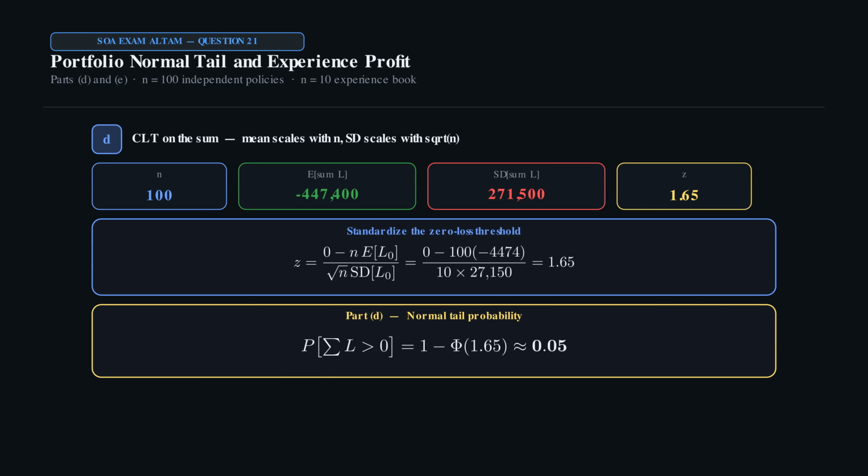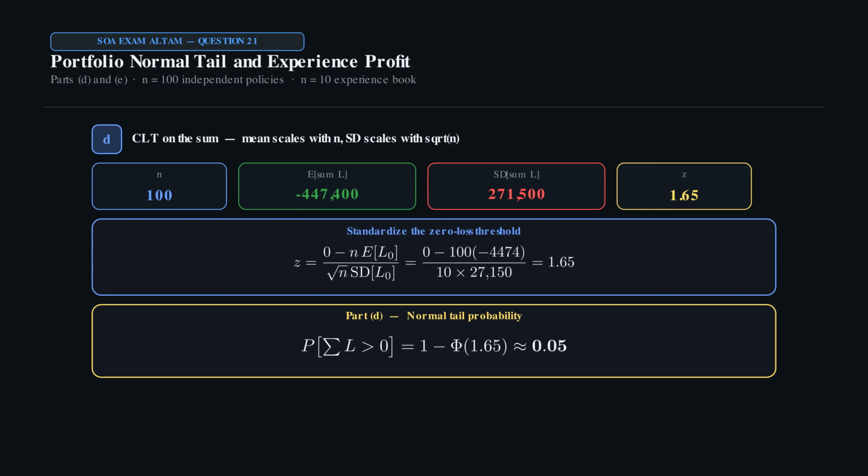Part D puts 100 independent policies under a normal approximation. The mean of the sum is minus 447,400. The standard deviation of the sum is 271,500. Standardize the zero loss threshold.